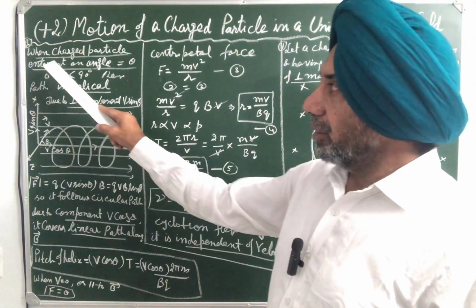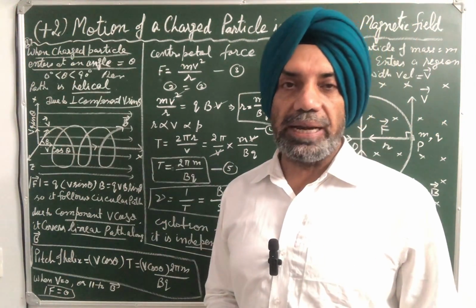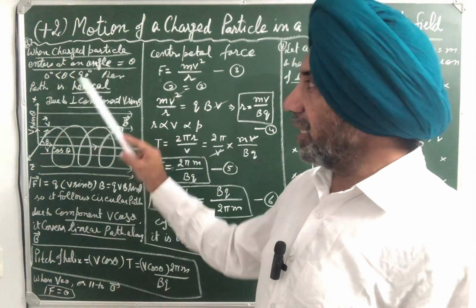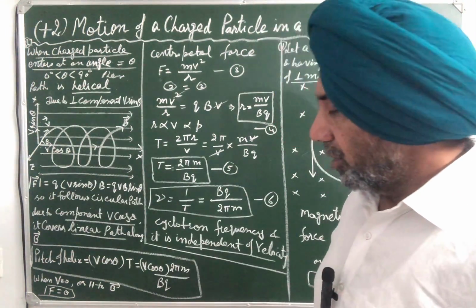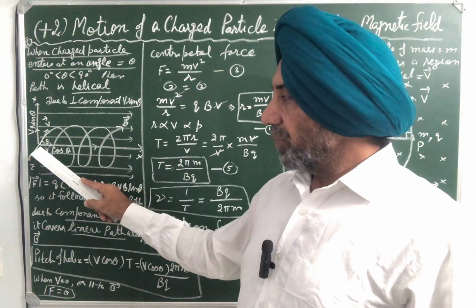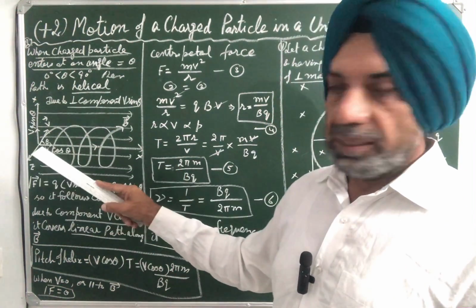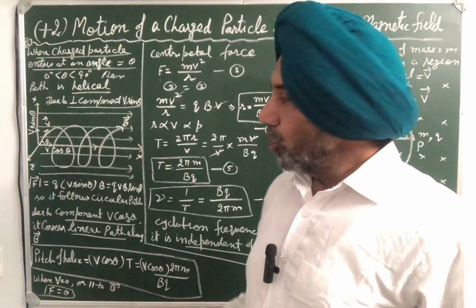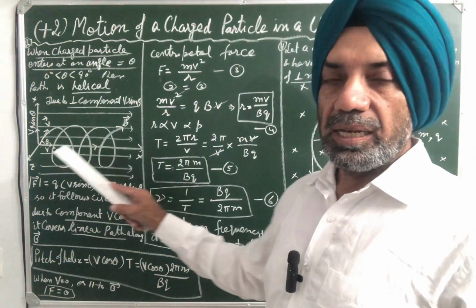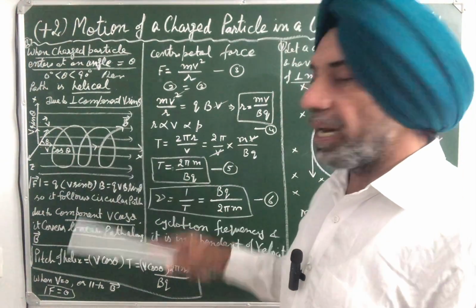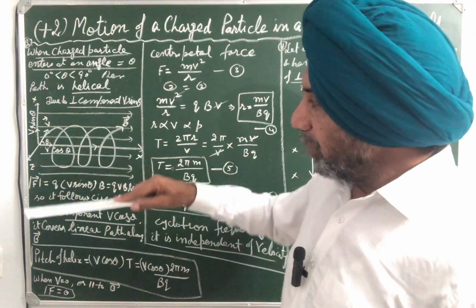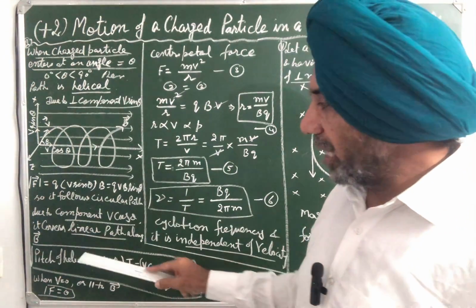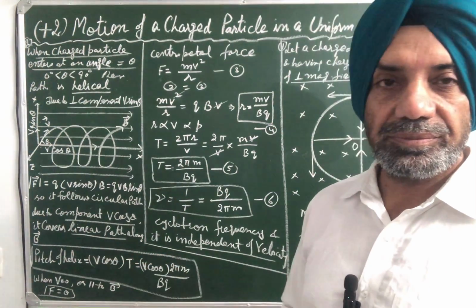This happens when charged particles enter a magnetic field at an angle theta, which is less than 90 degree and greater than 0 degree. So it means while moving in a circular path, it is moving along the direction of magnetic field also. So the linear path covered by the charged particle when it completes one full rotation in the circular path is known as the pitch of the helix.